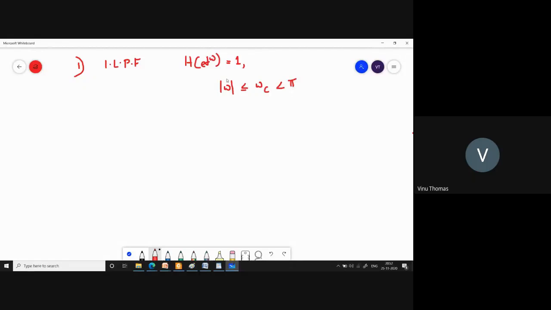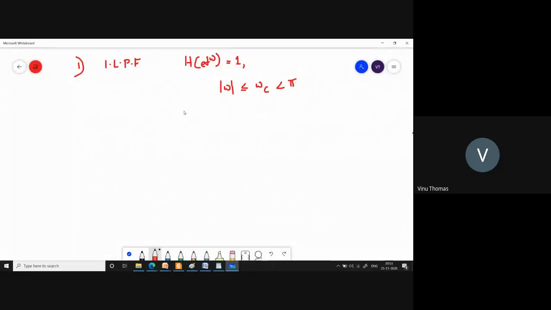So what does it mean? Mod omega is less than or equal to omega c, and omega c is less than pi.